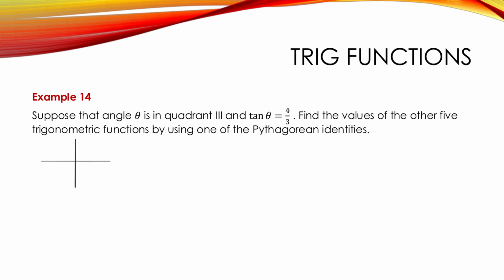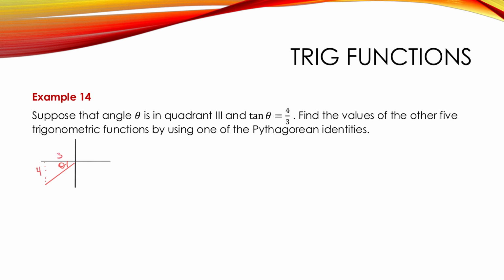So if we were to draw that one in, let's see here. I'll put that somewhere down here in quadrant 3. We'll do red this time. There we go. And let's start labeling our sides. So here's our theta. We know that opposite is 4 and adjacent is 3.